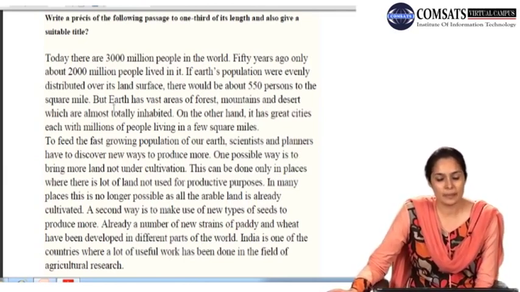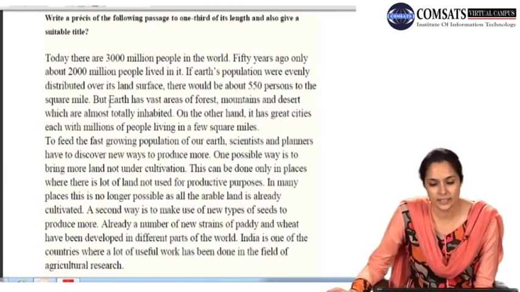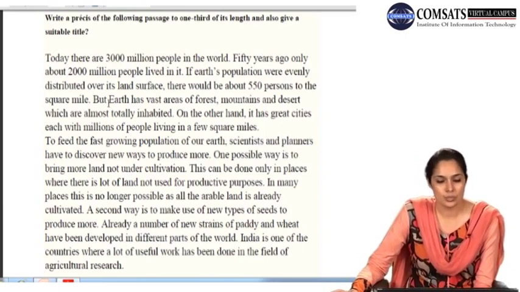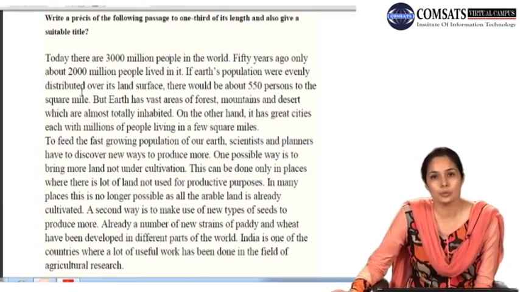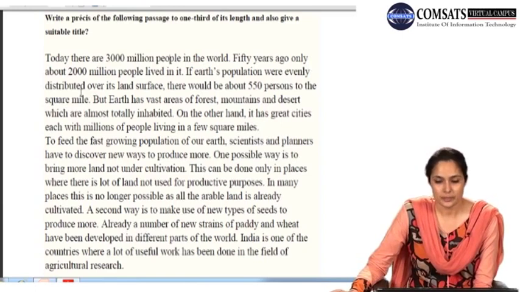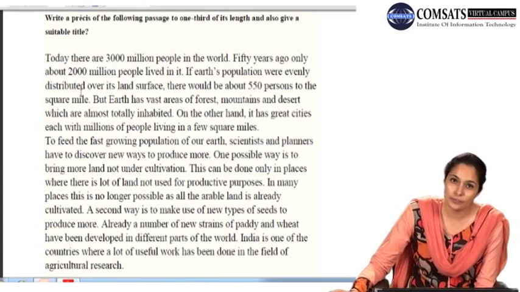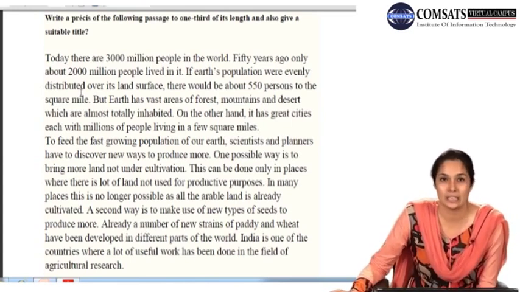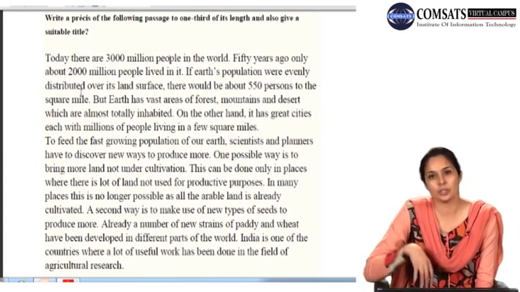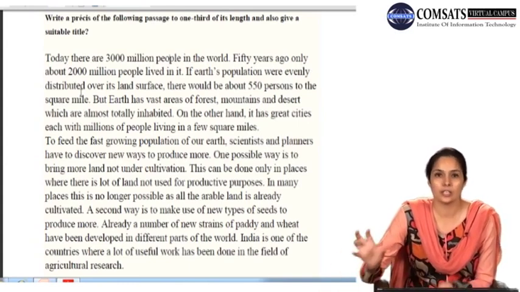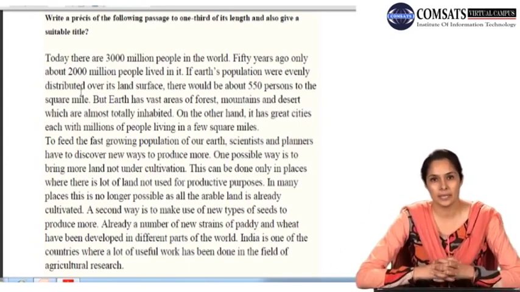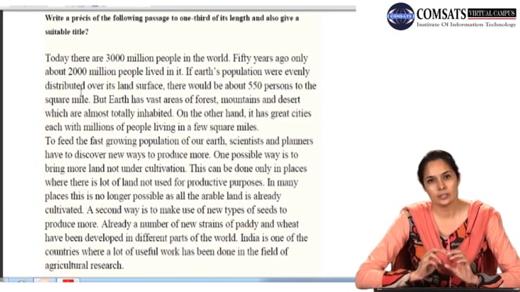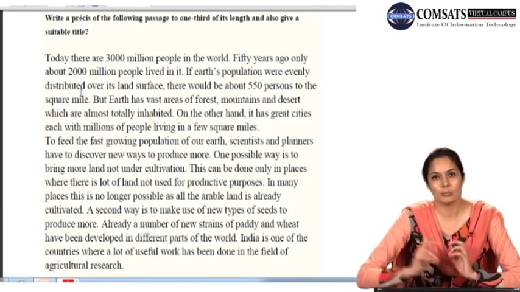Now, looking at this passage, you see your first sentence tells us about the rapid growth in the world population. And we are told what the situation was 50 years ago and what the situation is now. So when we write this particular idea in our précis, we can just make a comparison and write the difference of population.